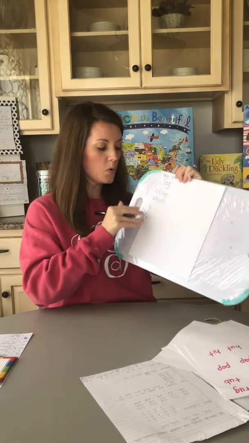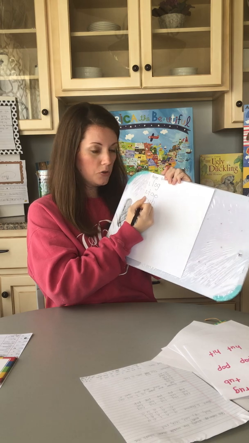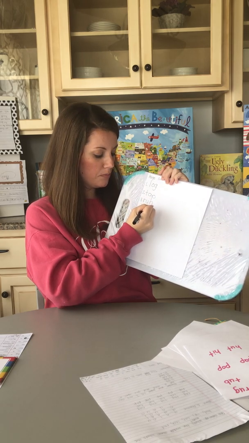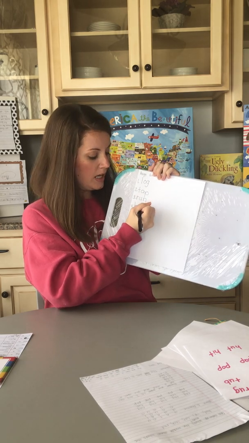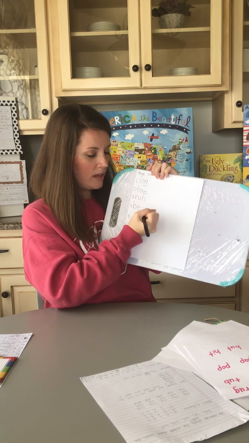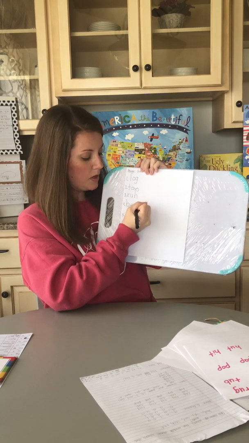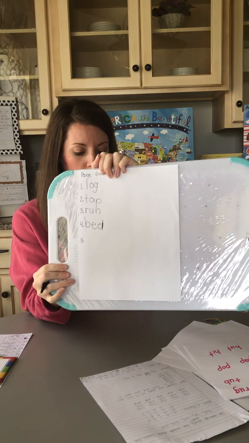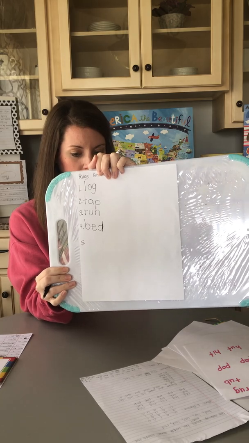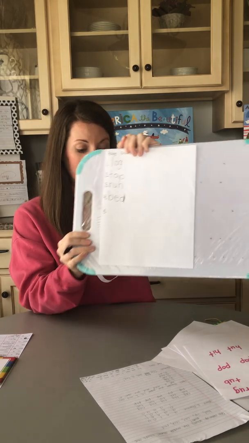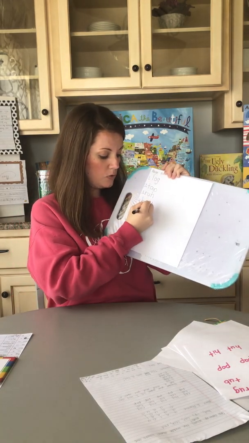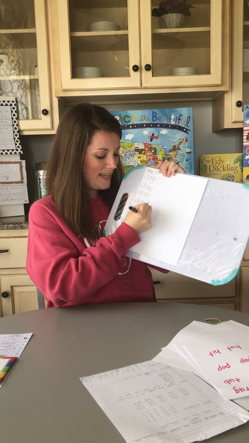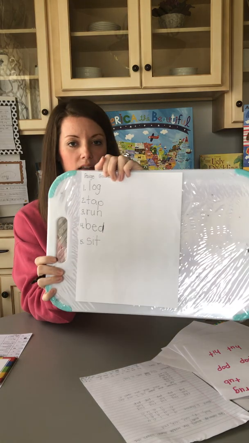All right, number 4, bed. Did you put your bat first? B for your B, and then donut first for lowercase d. Oops. Don't let those B's and D's trick you. Bed. And number 5, sit. Did you spell it? Lowercase for number 5.